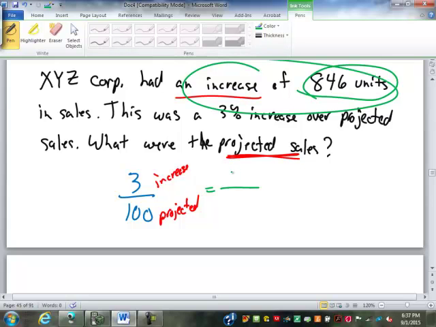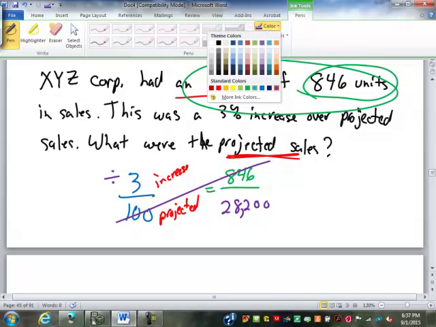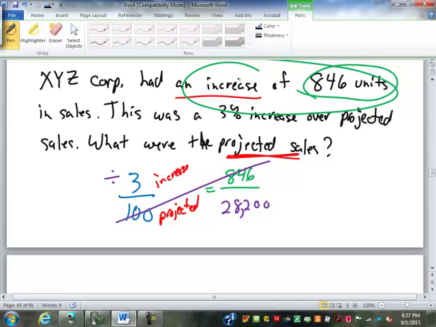Increase of 846 units. So now we find the projected sales, which is going to be 100 times 846 divided by 3, which will be, what, 28,200? Does that look right? So our projected sales was 28,200 units.